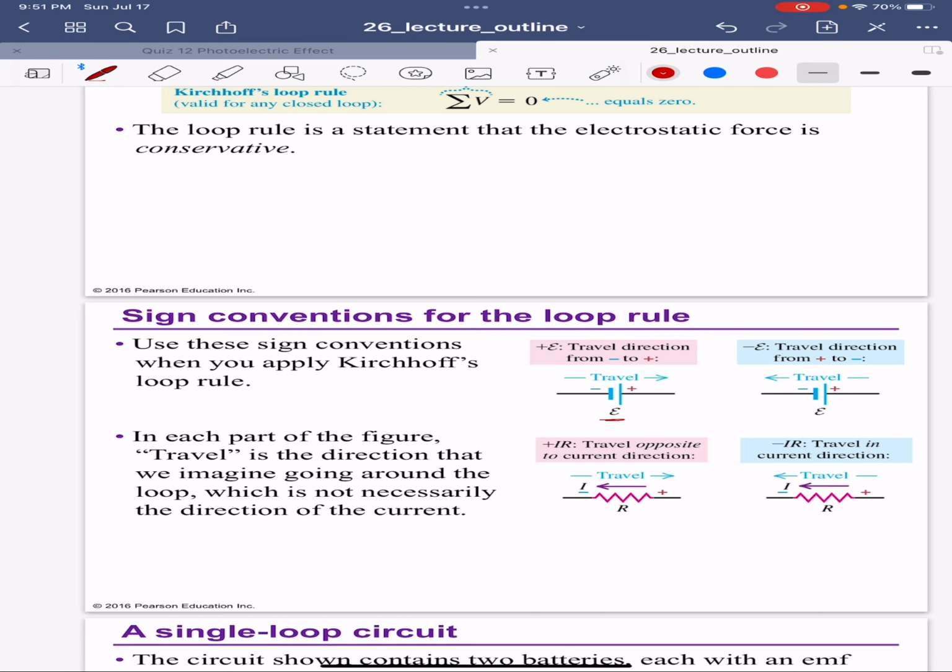For resistors, if you are traveling against the current, or opposite to the current direction, then the voltage is going to be positive, I times R. If I'm traveling in the same direction as the current, then I have negative IR. And we're going to apply this to loops in a little bit.